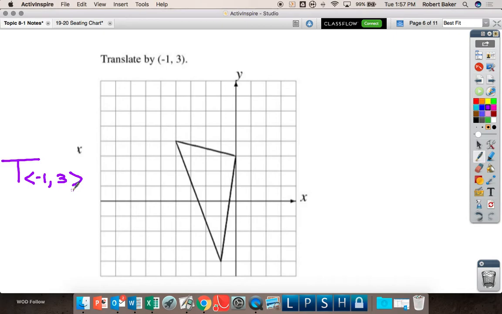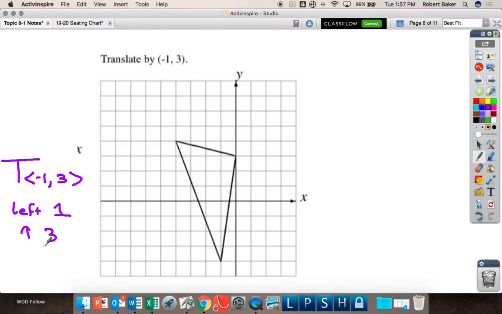Okay, so let's talk about what this means. What does the -1 mean? Left. Left what? Left 1. What does the 3 mean? Up 3. So that's what we're doing.